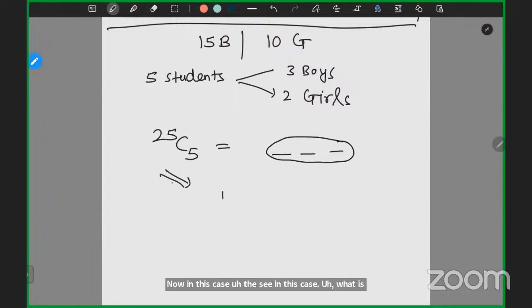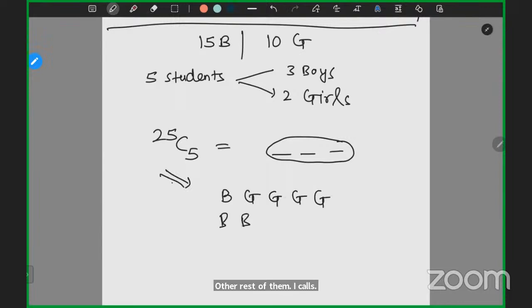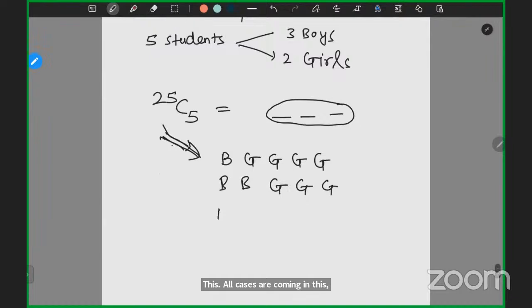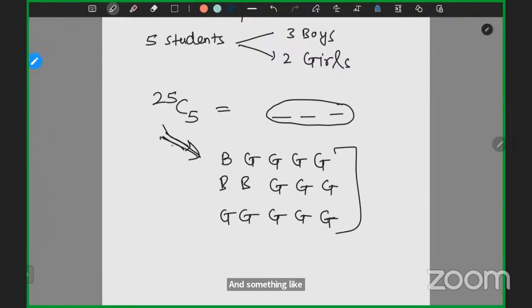Let's say I have 1 boy and the rest of them are girls. This is incorrect. Let's say I have 2 boys and the rest are girls, or no boy at all. All these cases are coming in this choosing part.